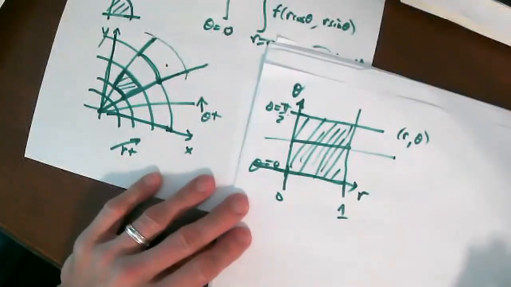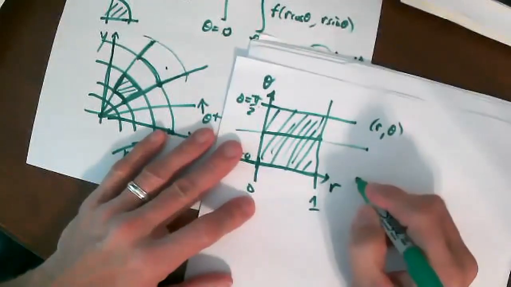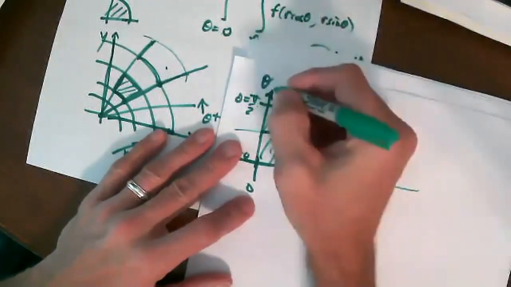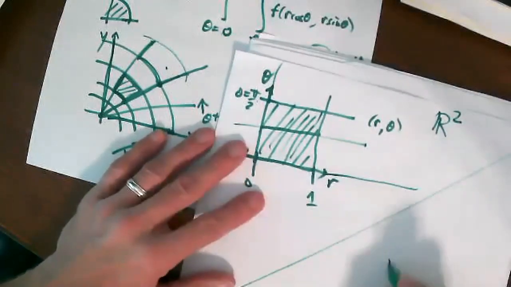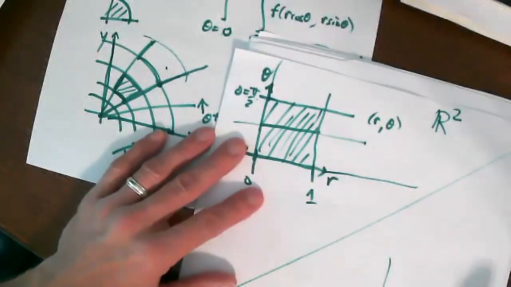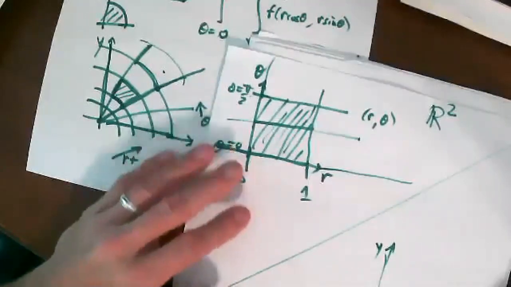That pair of formulas is actually giving you a function, a transformation, that's going from this two-dimensional plane, this is R2 here, and it's carrying you over to a different two-dimensional plane, the one in which I'm using x and y coordinates to determine my location.